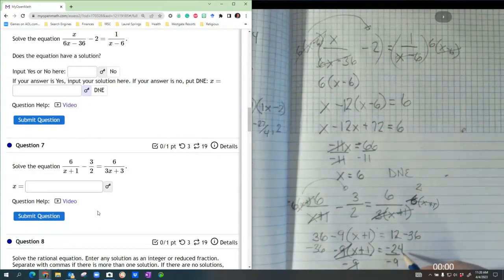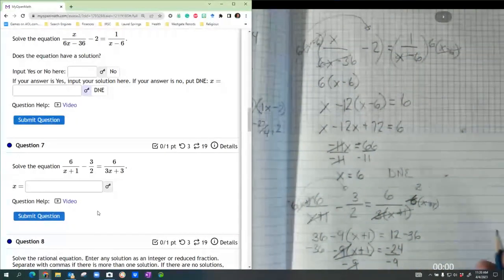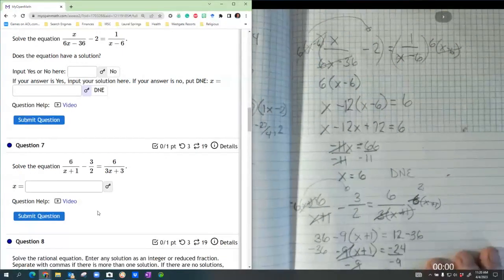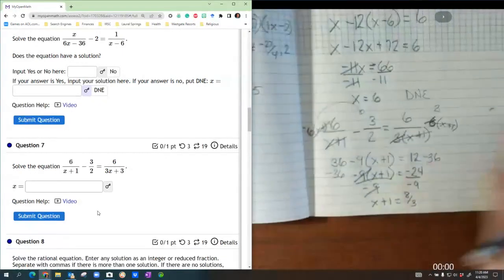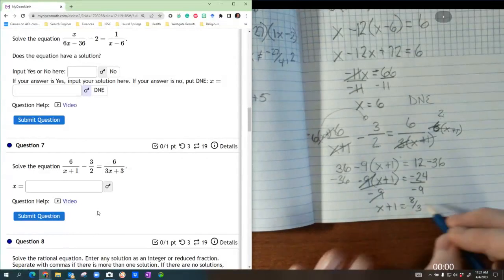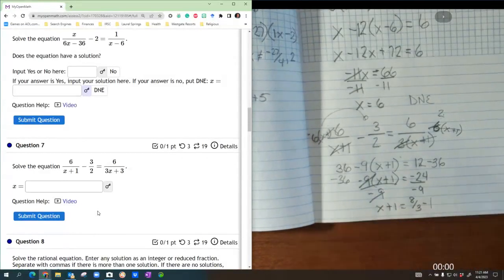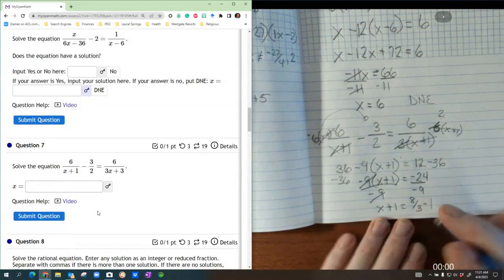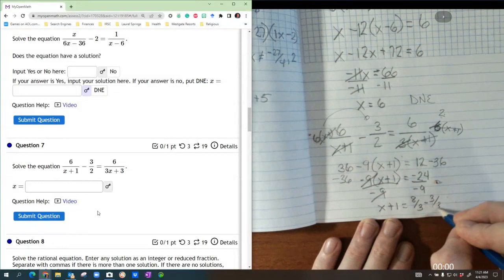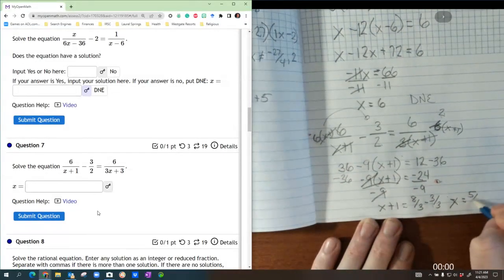And then I'm going to have a fraction of a negative divided by negative is positive, and then 24 over 9 is going to give me 8 over 3. All right. And then I'm going to go ahead and subtract 1 from both sides. Now, when I subtract the 1, I'm going to go ahead and put 3 over 3. And that ultimately leaves me with then 5 over 3.